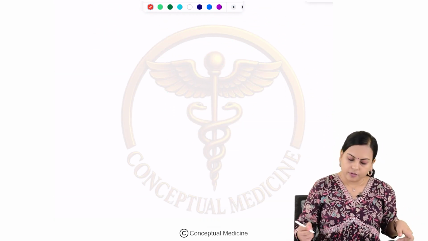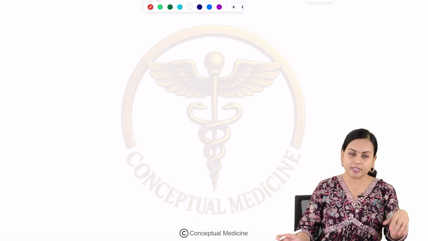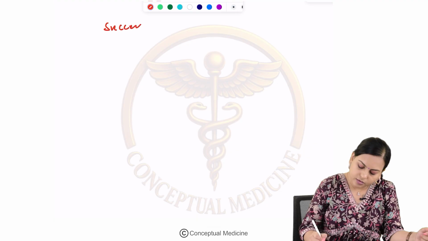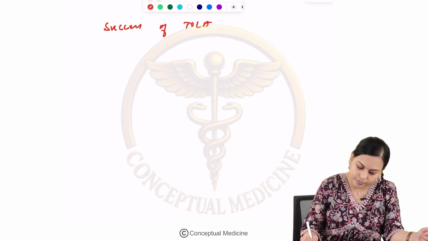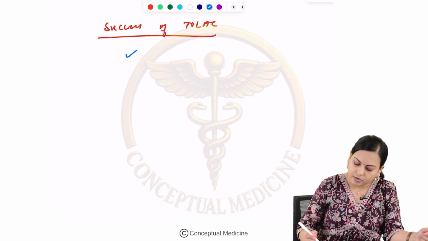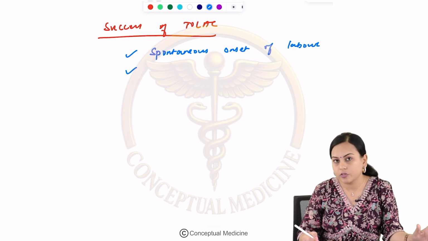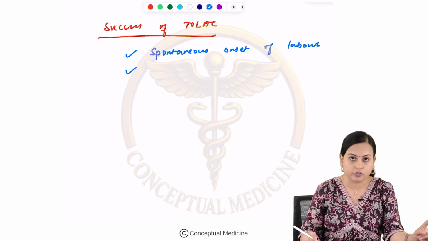We will see what the factors are that give rise to success of TOLAC. Success of TOLAC depends upon the following factors: a spontaneous onset of labor. Induction is an absolute contraindication in classical cesarean section, remember that.